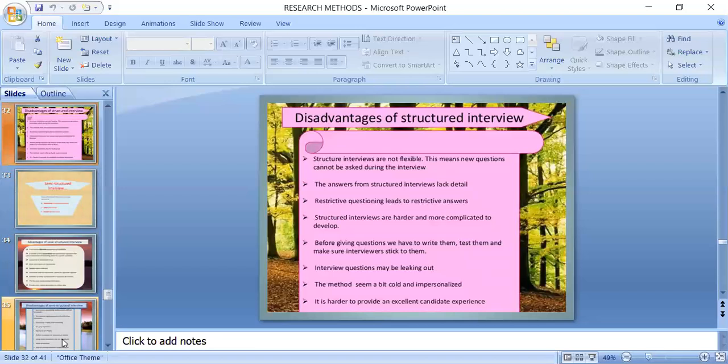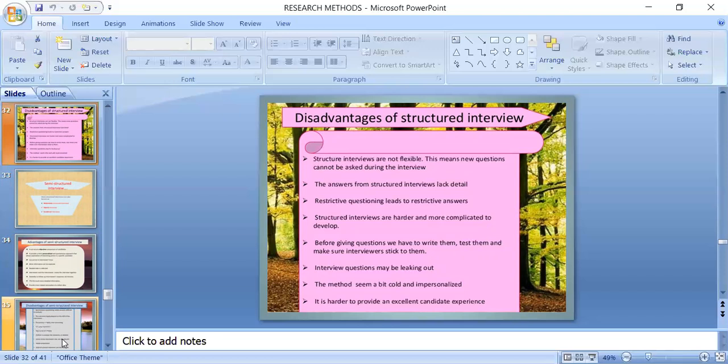In summarized form, for structured interview, we can say that the interviewer asks the participant predetermined questions. The questions are already planned and created in advance, which means that all the candidates are asked the same questions in the same order.